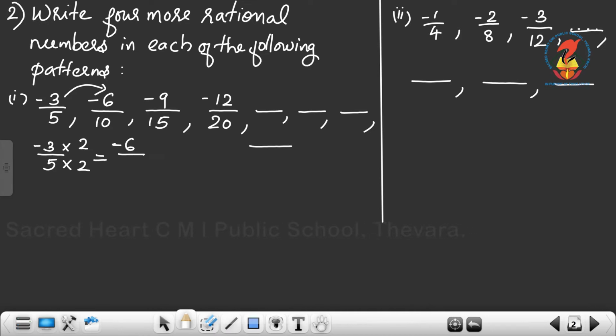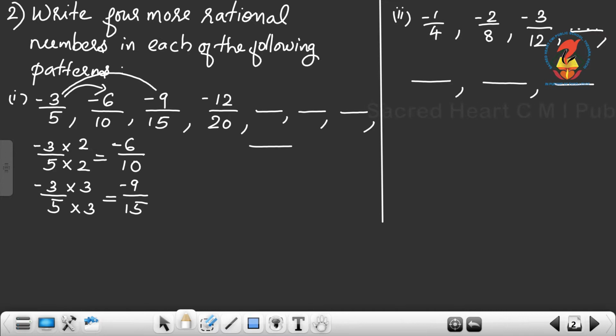So we will get negative 6 by 10. Then the third one, rational number, negative 3 by 5, negative 3 into 3, negative 9. So 5 into 3, 15. So negative 3 by 5, we have to multiply both numerator and denominator by 3. So we will get negative 9 by 15.